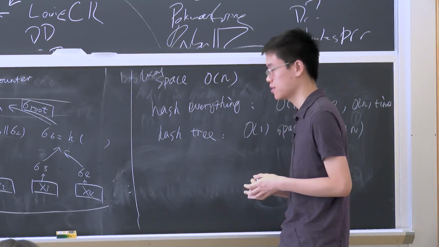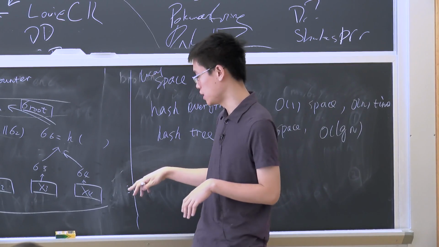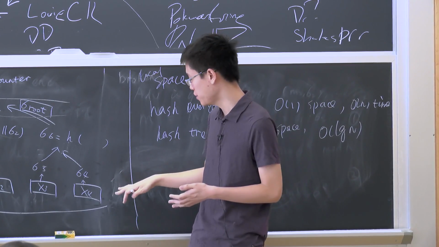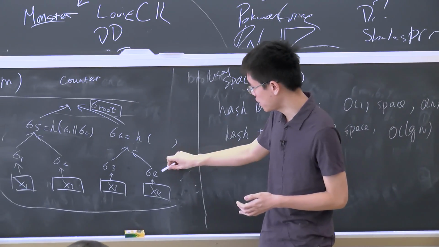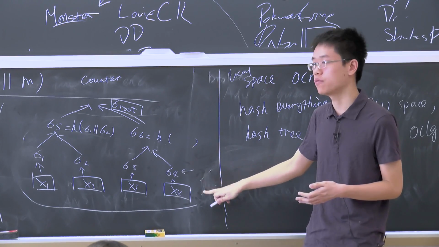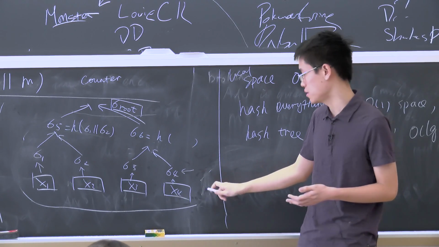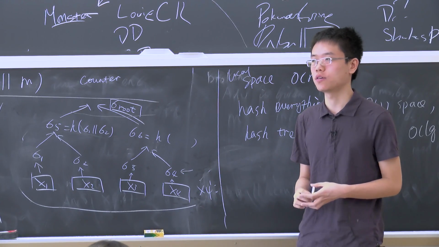Yeah, correct. So I'll just repeat what you said, but I'll start with the leaf because that's easier for me to think about. So say I change this one, this block. Now I claim this hash here will change. Right? If it doesn't, then I have found a collision. Right? Because this x4 prime has the same hash as the original x4.